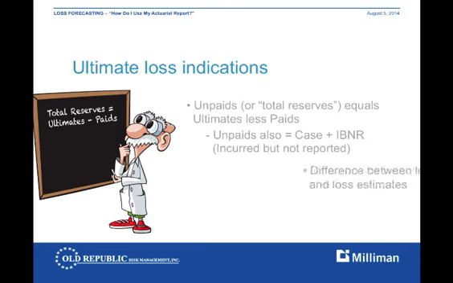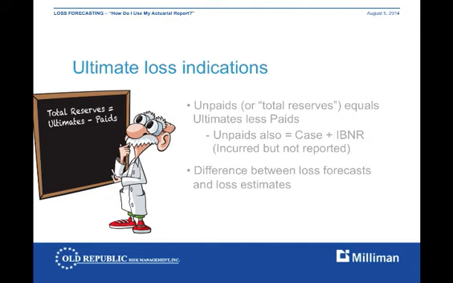Actuaries also calculate loss forecasts, and these are used for future fund year estimates, which can be used for pricing or collateral estimates. We'll also talk about previous estimates. Oftentimes when an actuary does his or her work, they want to know how much ultimate losses have changed year over year and what causes these changes.